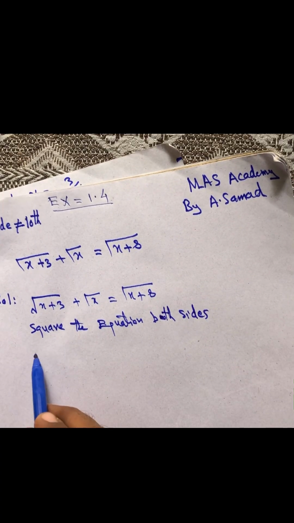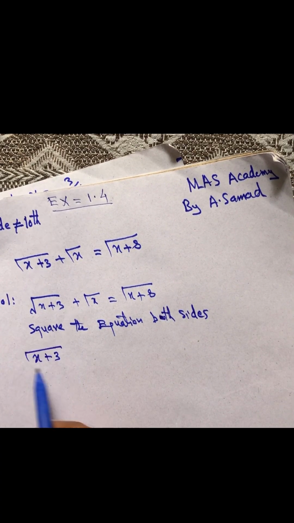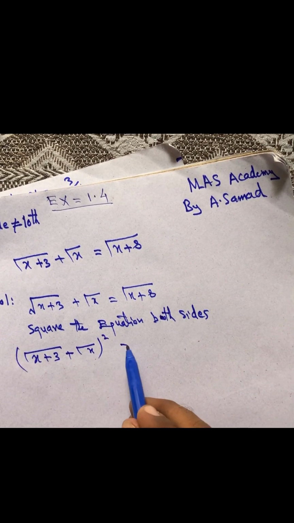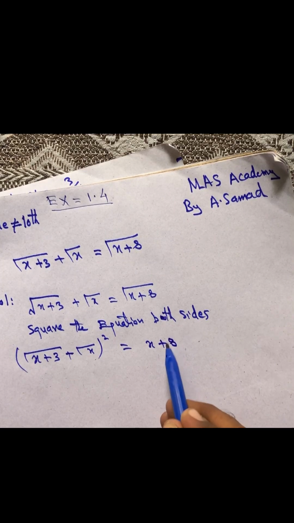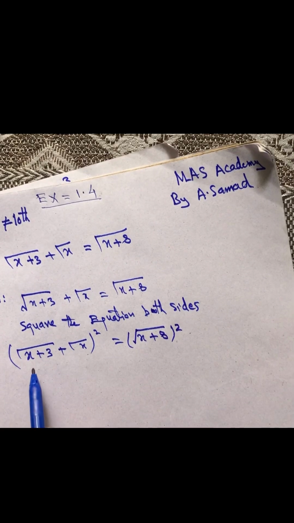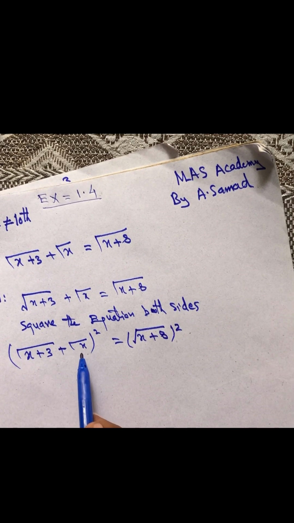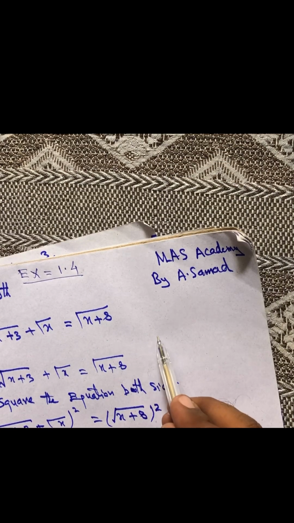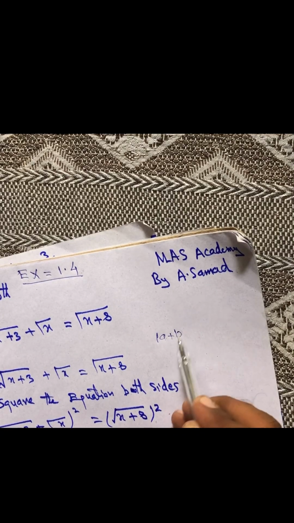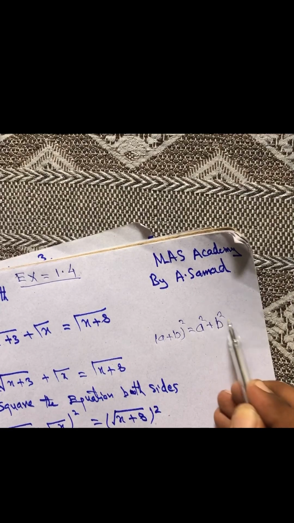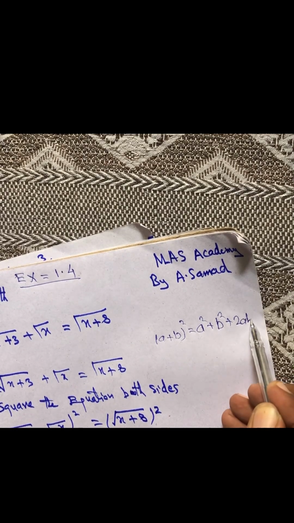We are going to take the square on the left hand side, square root of x plus 3 plus square root of x, all squared, and also on the right hand side. But here we can see this is our a and this is our b. So as we already know, if we have a square like (a plus b) squared, then we can write it as a square plus b square plus 2ab.